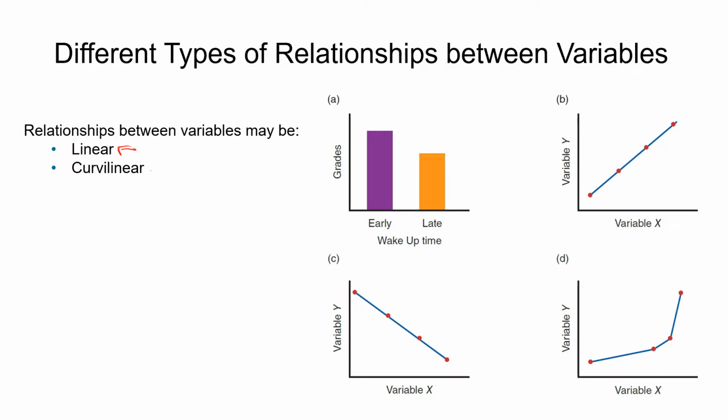But you can have curvilinear relationships as well. Can't discount curvilinear relationships, like what we see down here. So in B and C, we see they're direct linear relationships. But in D, we see it's a curvilinear relationship. As x goes up, y goes up, but as x goes up farther, y goes up faster.